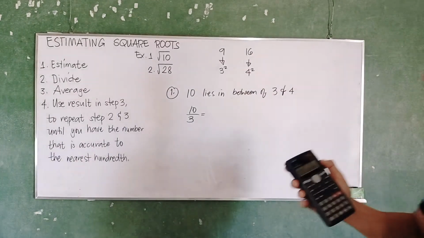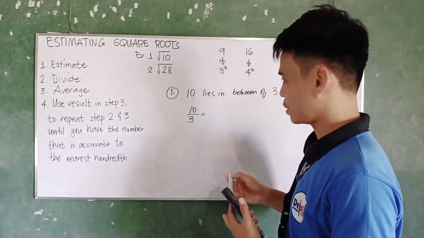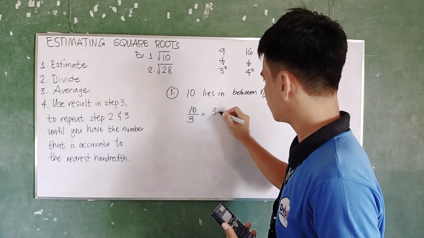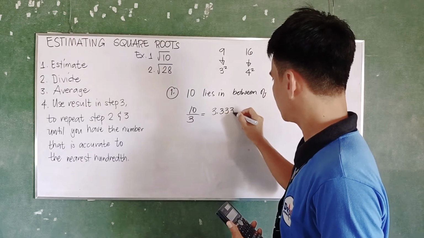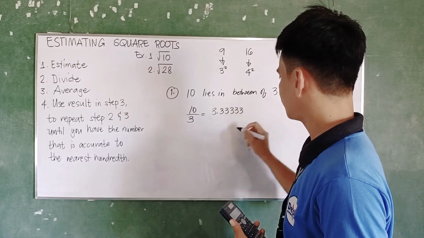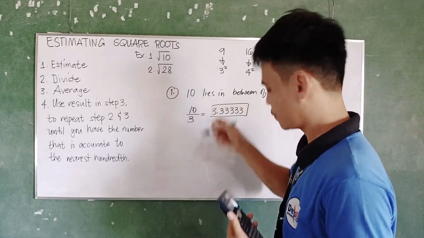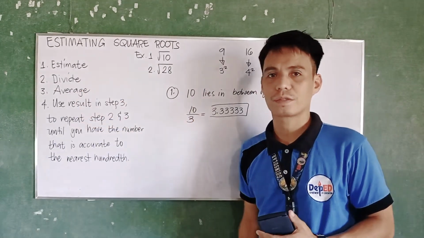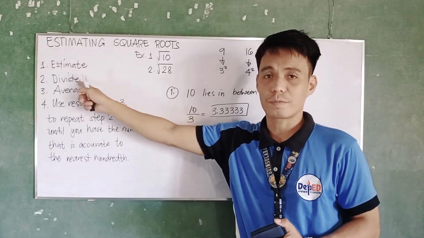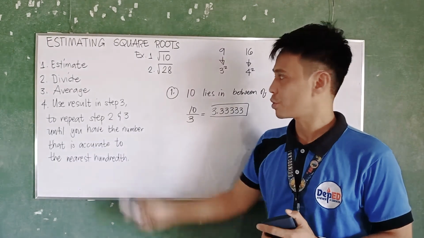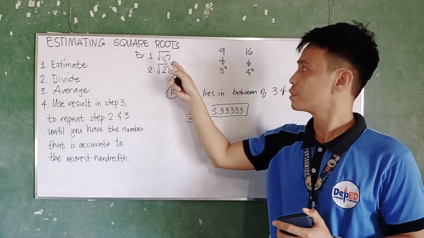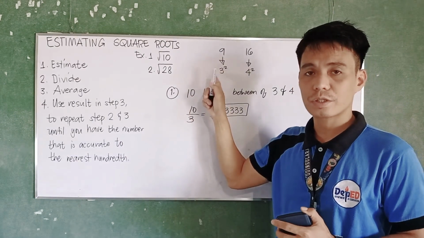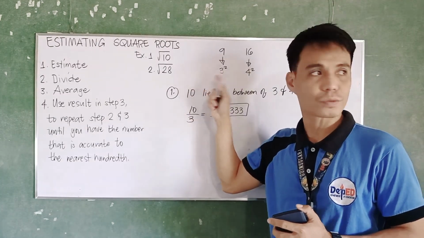So therefore, your answer is 3.333. Ganun na kasimple yung gagawin natin sa step number 2, which is divide. You have to divide your radicand by the lowest square root.